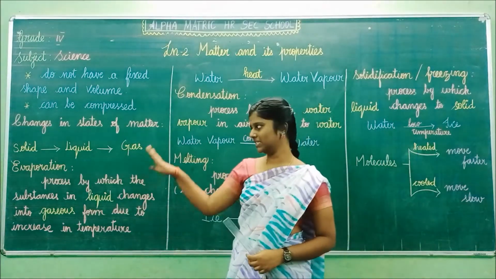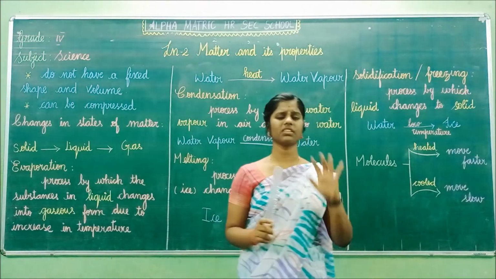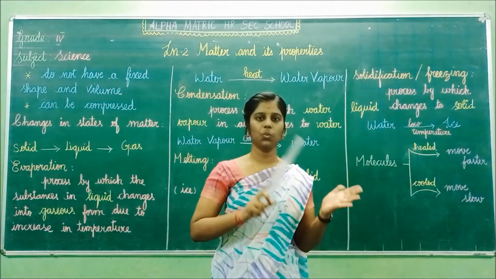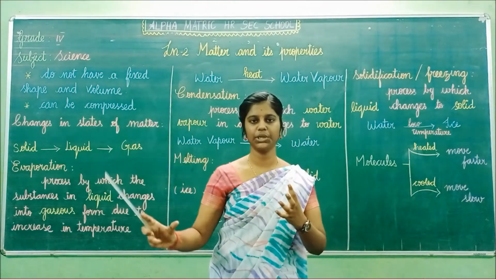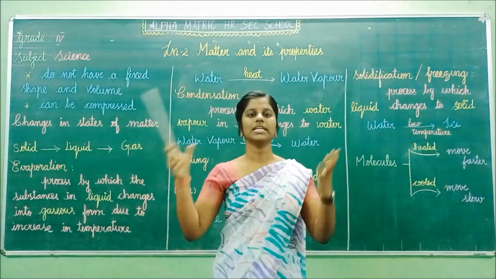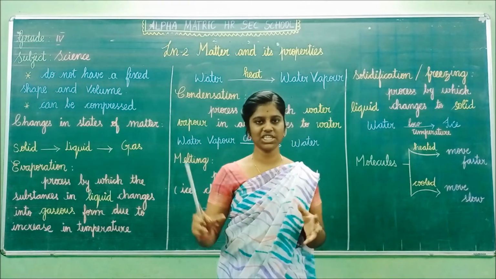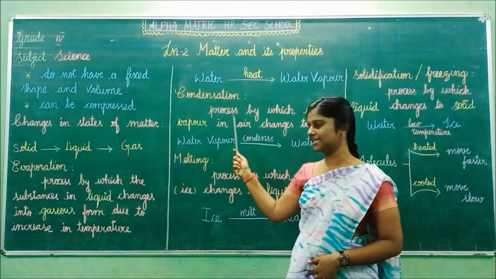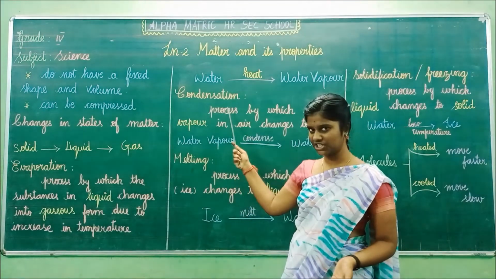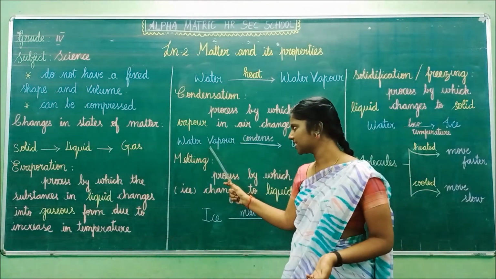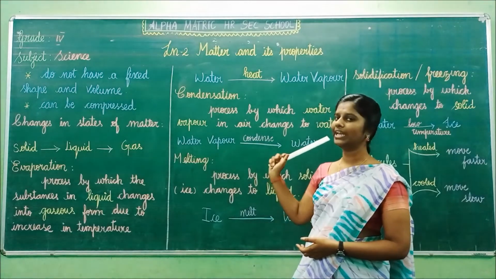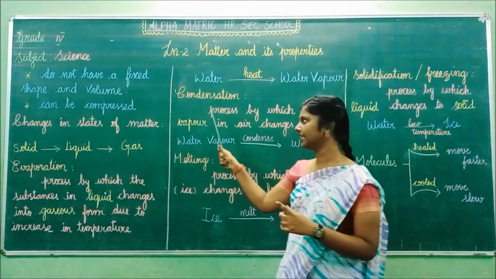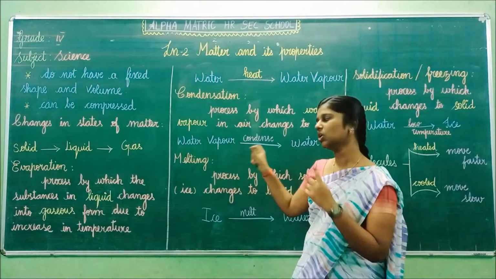Okay children, now we see these four processes. First one is evaporation. In evaporation, the water will change into water vapor. So, the liquid will change into the gaseous state. The reverse process is condensation, because in condensation, the gaseous state will change into liquid state. In evaporation, liquid to gas. In condensation, gas to liquid.